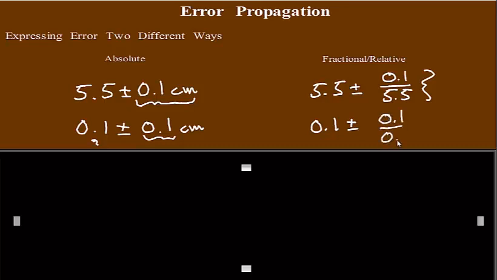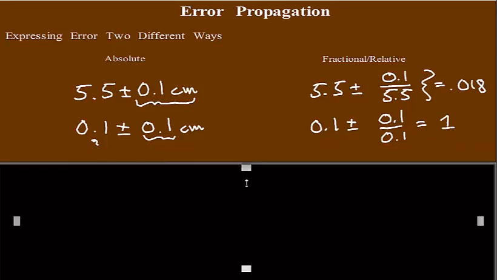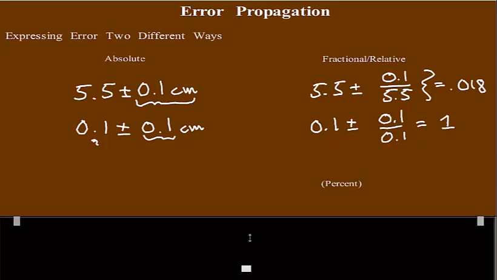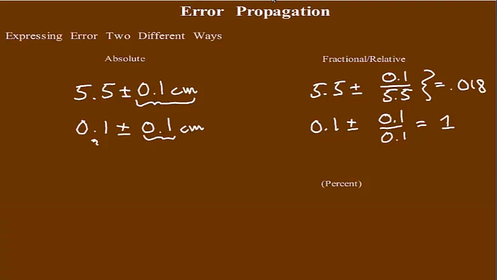When you do this fraction out here, it comes out to 0.018. When you do this fraction here, it comes out to 1. Now, it's often more convenient to work in percents rather than fractions. So if we write these out down here, it'd be 5.5 plus or minus 1.8% versus 0.1 plus or minus 100%.